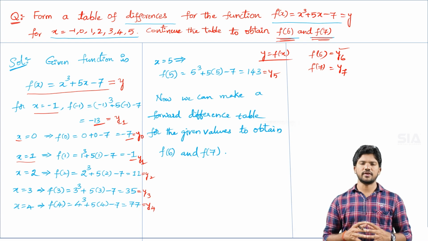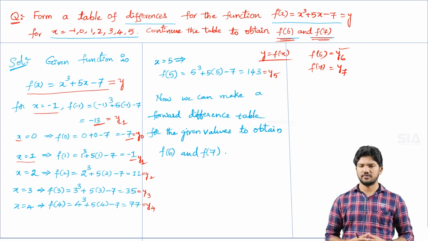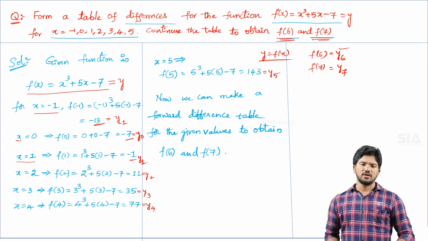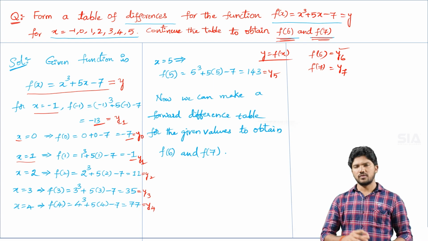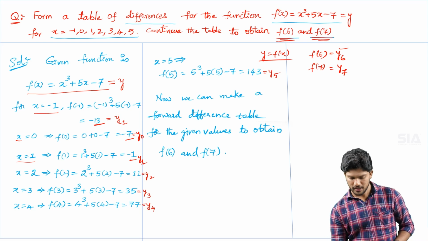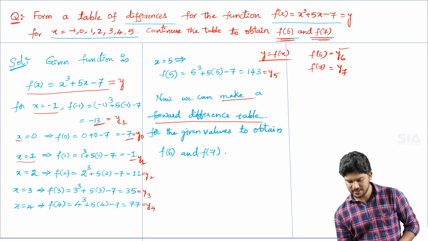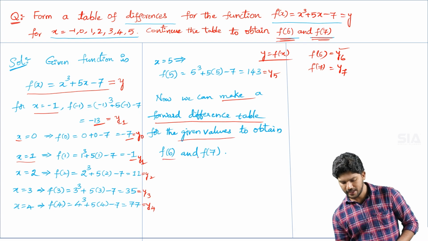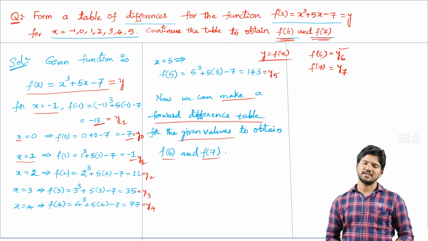For x equal to 5 we have the y suffix 5 value, so f of 5 is equal to y suffix 5. So for each and every x value we got the ordinates y. Now we can make a forward difference table for the given values, to obtain f of 6 and f of 7.